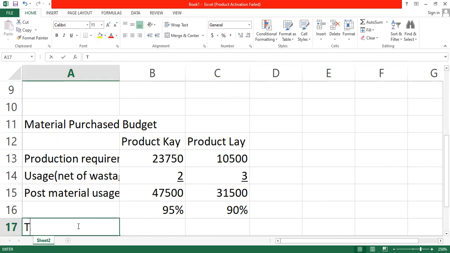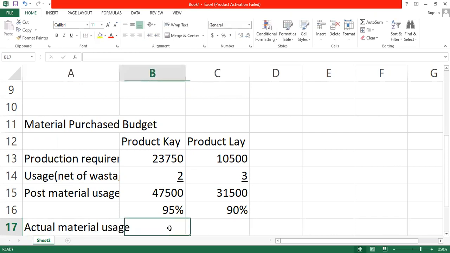So what will be the answer? What did you get? 100 times 47,500 divided by 95. I had 50,000 for the first one.